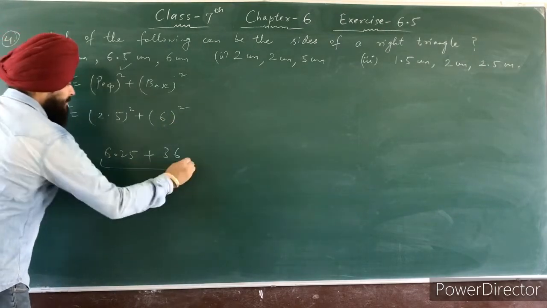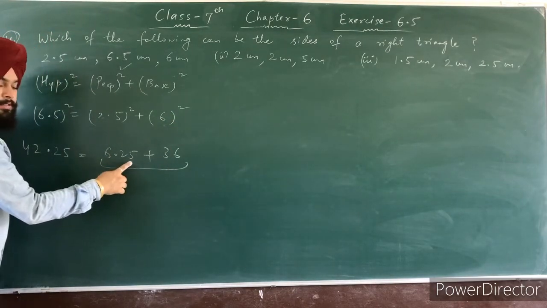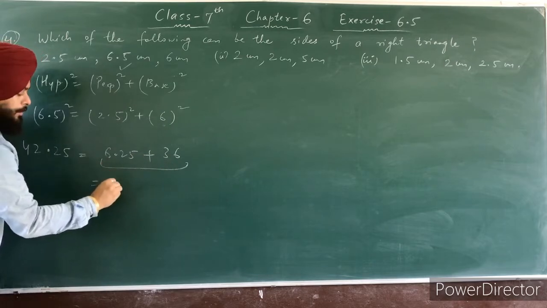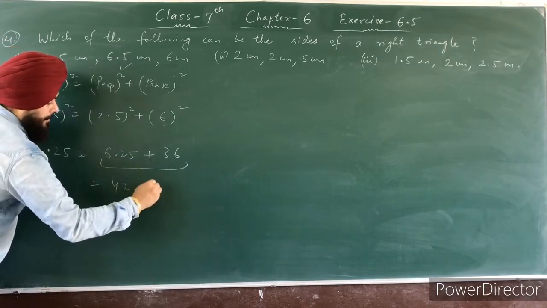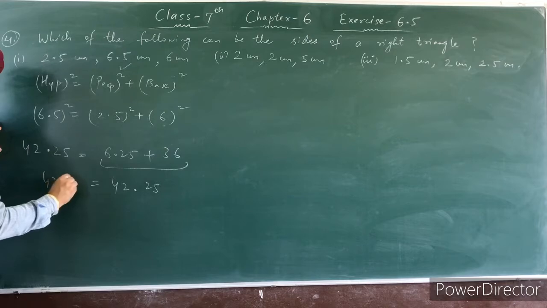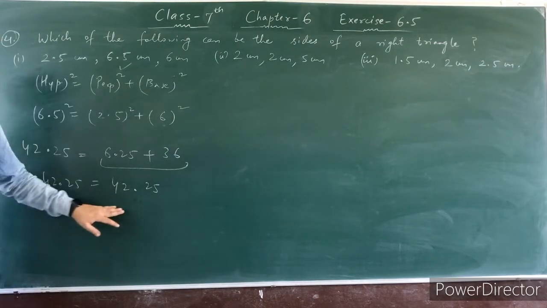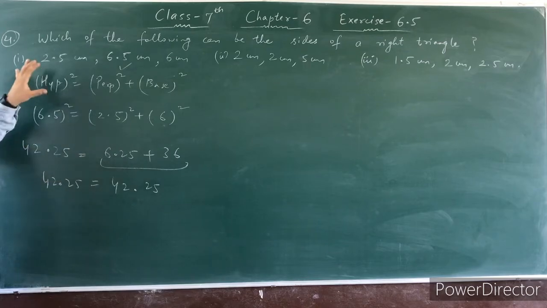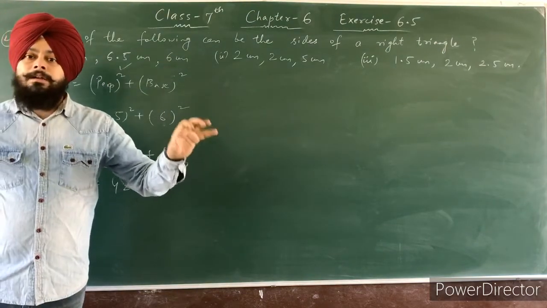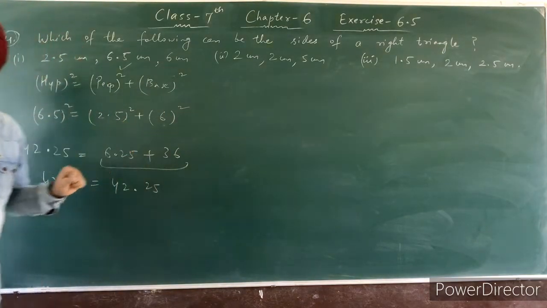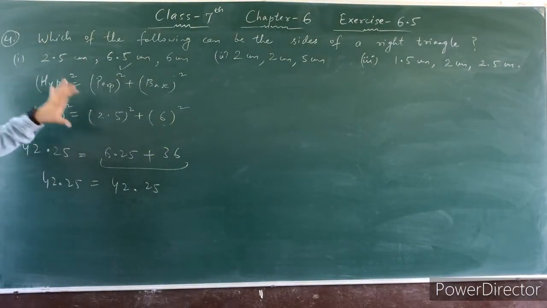So when you add 36 and 6.25, it is how much? 36 plus 6.25 is 42.25. So you can see the values on the left hand side and right hand side are both the same. So these sides are of a right angle triangle. Clear students? Because the Pythagoras property holds here.